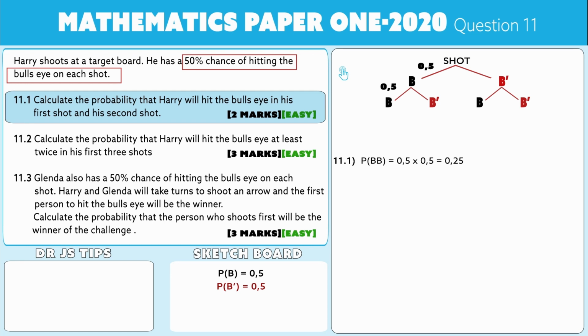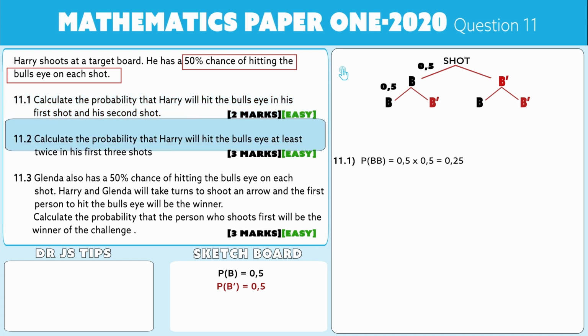Okay, that was quite an easy starter. Let's look at 11.2 and see what they ask us to do there. They say calculate the probability that Harry will hit the bullseye at least twice in his first 3 shots.